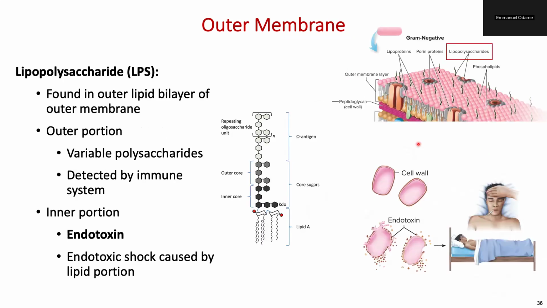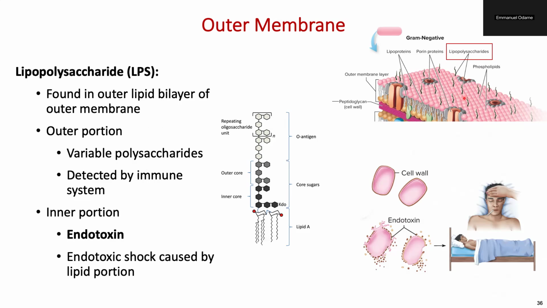On the outer membrane, there are different kinds of structures. What I want us to take a look at are the lipoproteins and the lipopolysaccharides. First, let's handle the lipopolysaccharide, and then we'll come to the lipoprotein. This is how the lipopolysaccharides look. They are mostly found on the outer lipid bilayer of the membrane, on the outer portions.